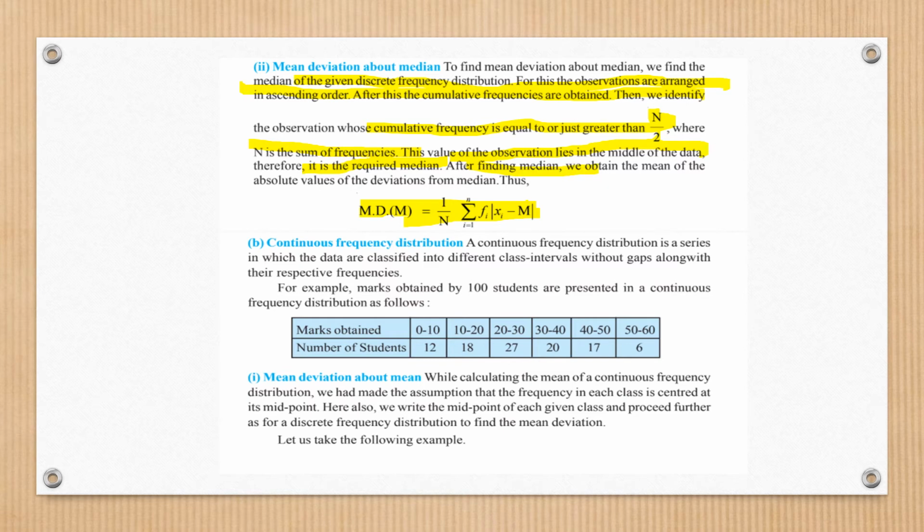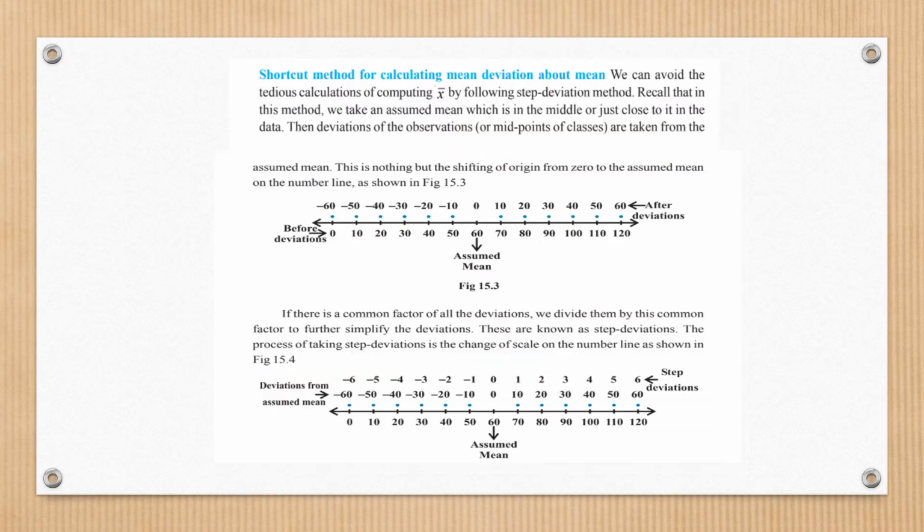In the case of a continuous frequency distribution, you will have class intervals and frequencies. How will I calculate mean deviation about mean? We can go for any method, or the shortcut method, the assumed mean method.